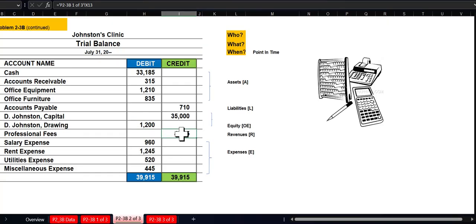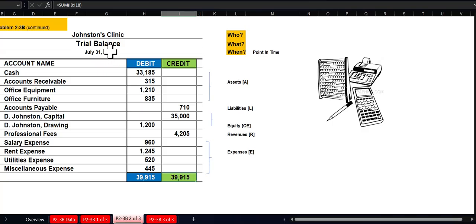Then we have our revenue, which we expect to show more on the give side or the credit side. And then we have our expenses, which normally have more on the debit side than the credit side. And so these normally have debit balances. And so consistent with what we have been doing, notice that your total get is equal to your total give.